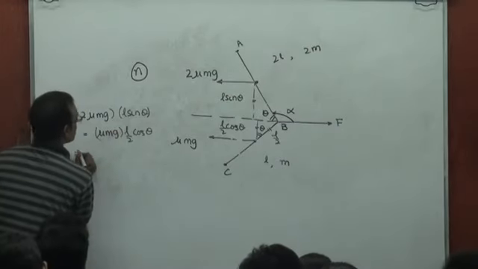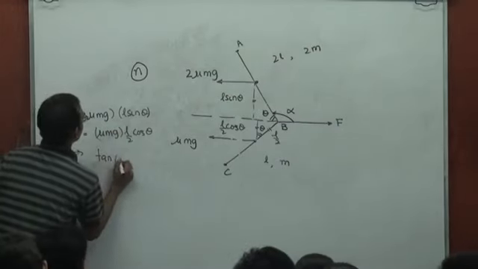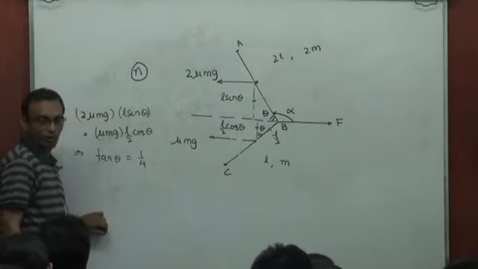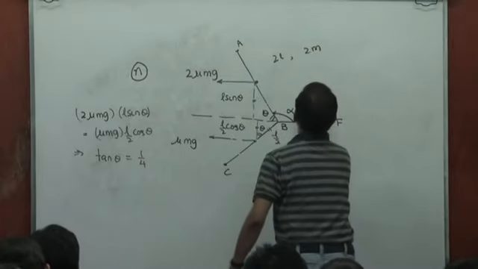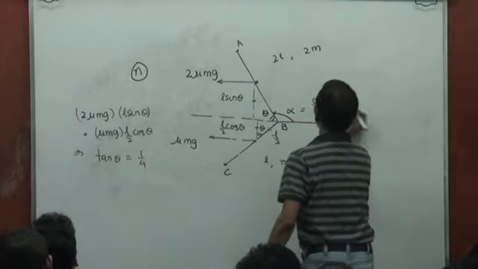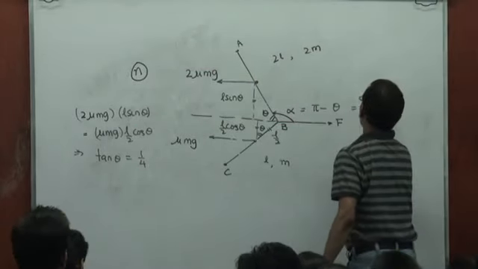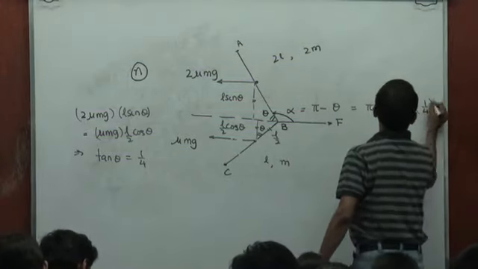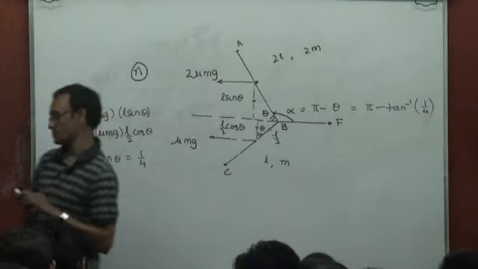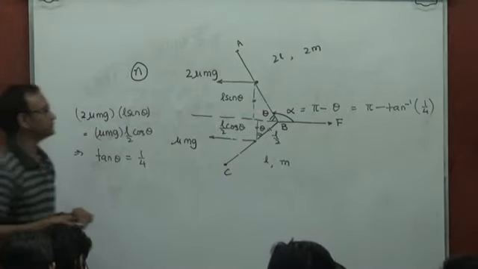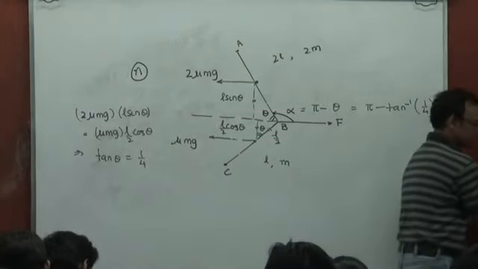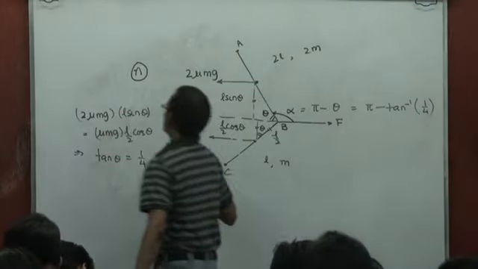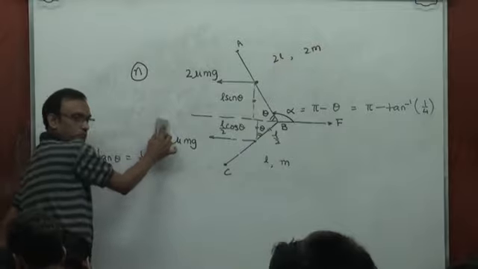Right? And that gives us tan theta equal to 1 by 4. So this angle alpha is going to be pi minus theta, which is pi minus tan inverse 1 by 4. Clear? Make sense?